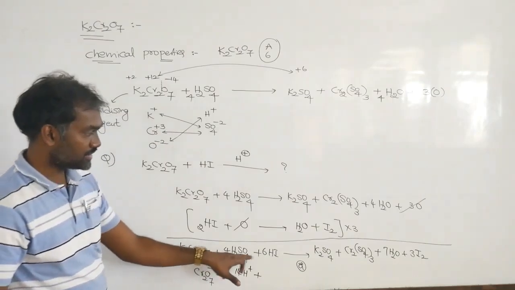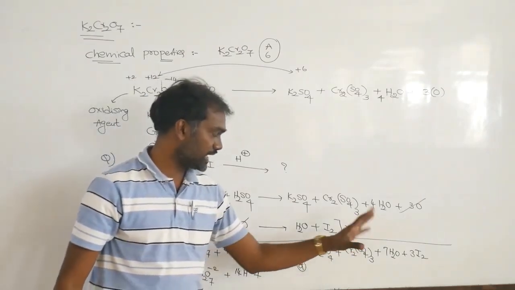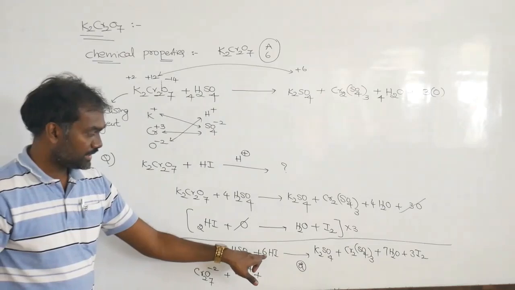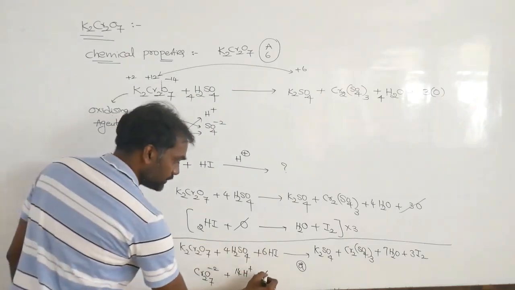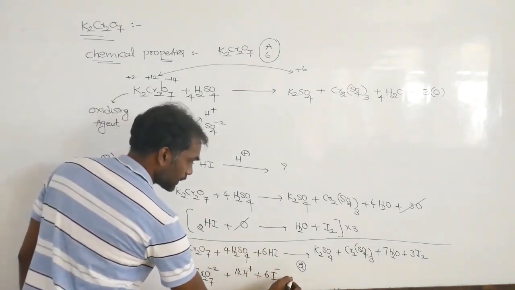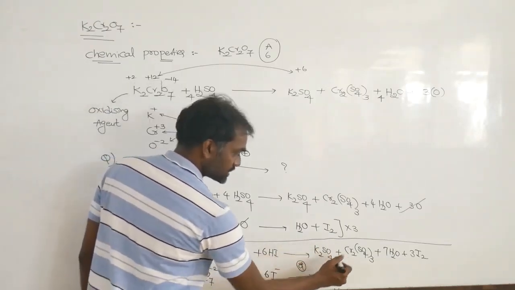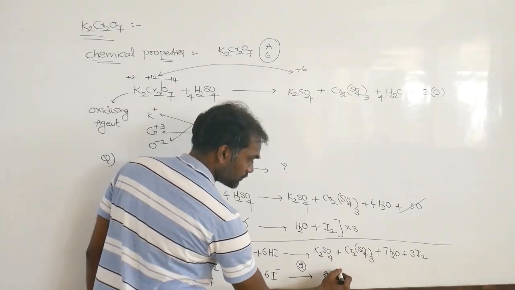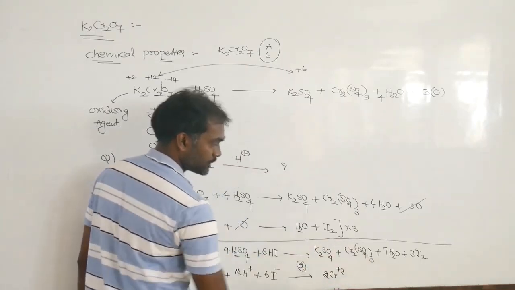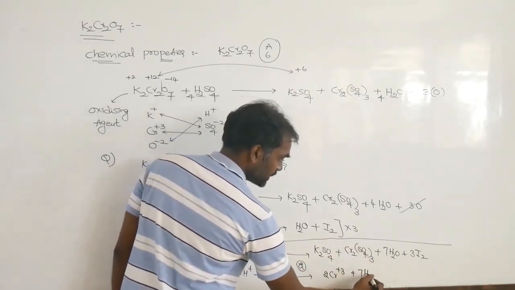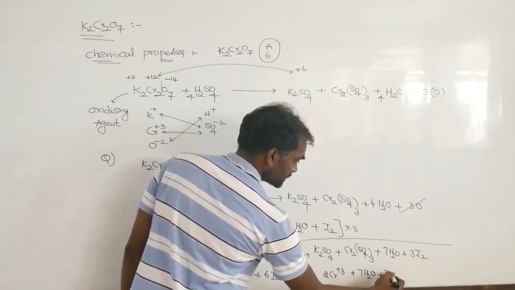Here 4 sulfates, here 4 sulfates, you cancel. Next, 6I minus gives rise to 2 chromium plus 3 plus 7H2O plus 3I2.